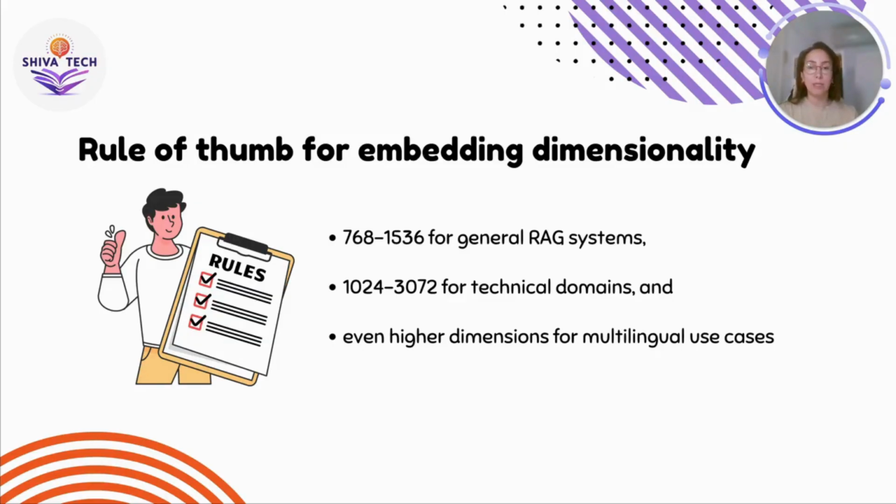Still, you need to experiment to see which one is better, and don't quickly jump to the really high dimensionality ones. But if your cases are quite complicated and include multilingual use cases, then it would be better to go with higher dimensionality because you would like to get the semantic meaning of different information from different languages.